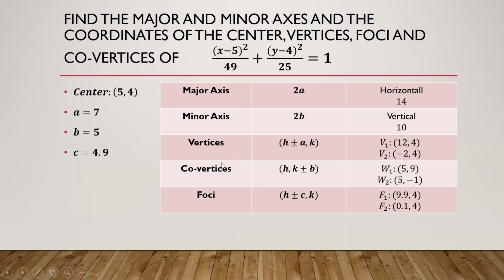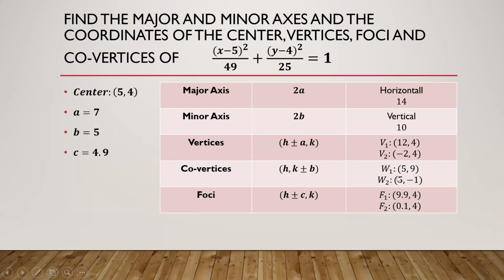For our covertices, it is h comma k plus b. So k plus b is 4 plus 5, which gives us 9. So we just copy h. H again is 5. And then 4 plus 5, that's 9.